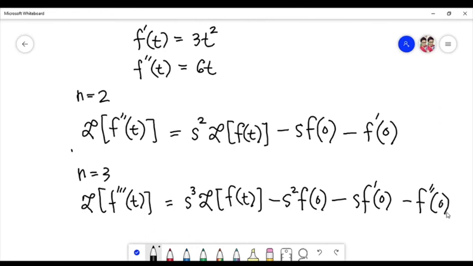Okay, so that's how we use that formula.